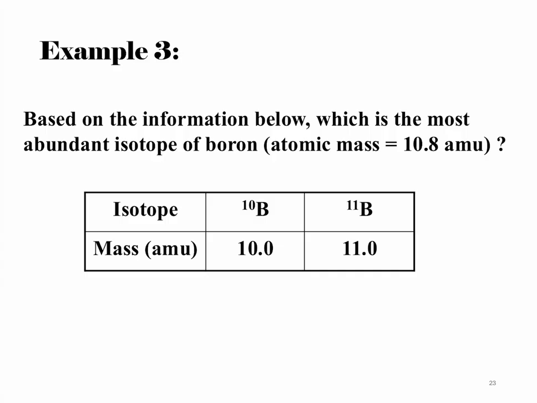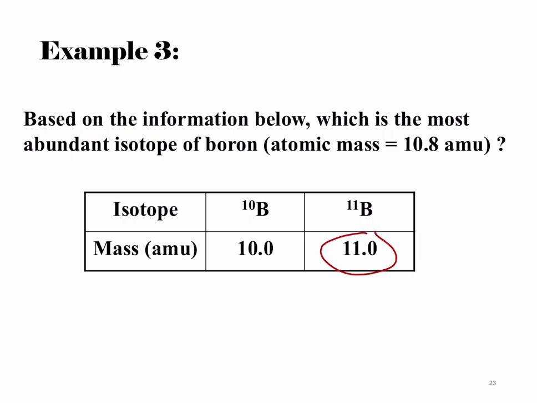So how do you know that? The value is closer to 11, which means that if we're averaging the amount that's in the universe, we add up all the boron, take the parts divided by the whole. If that number is closer to the actual atomic mass, then that's going to be the more abundant isotope in the universe, right?